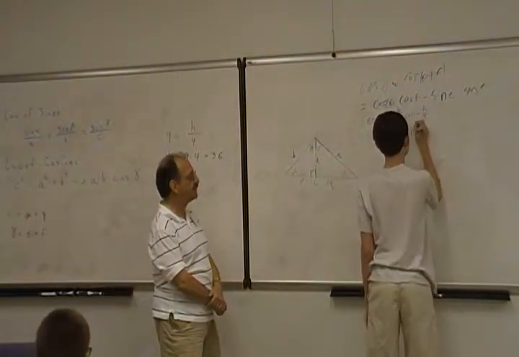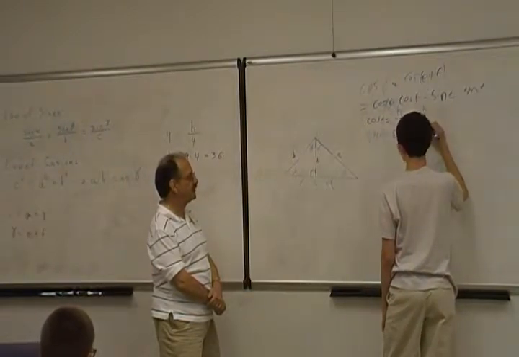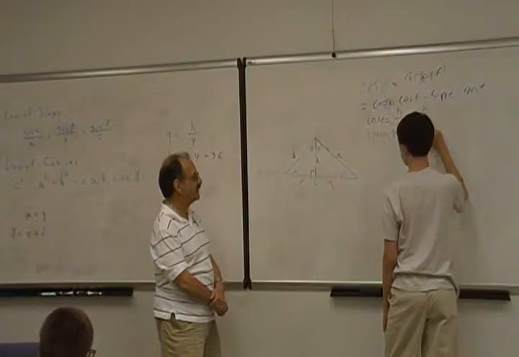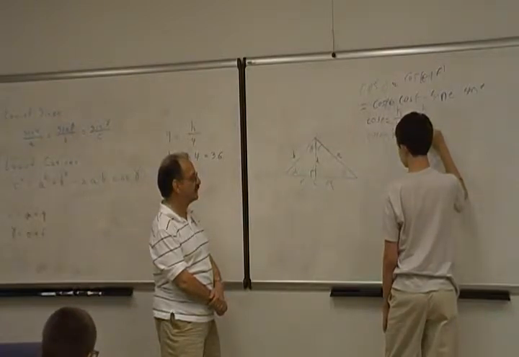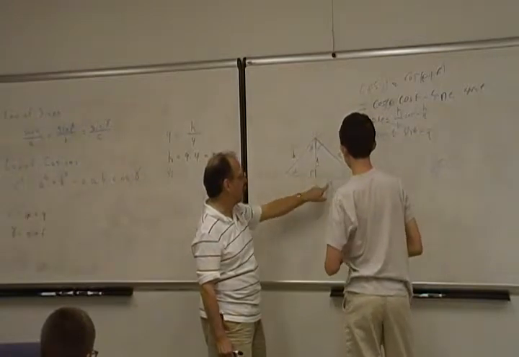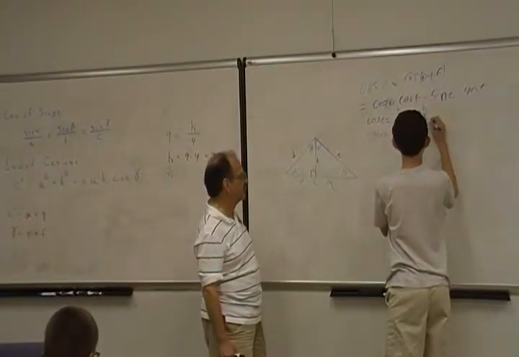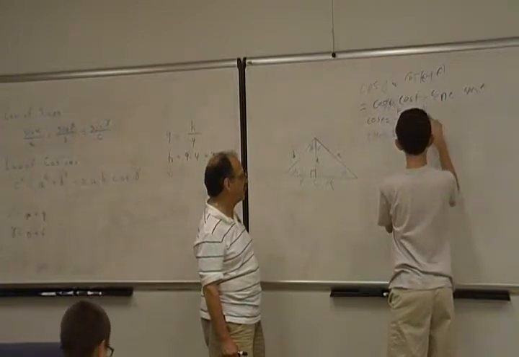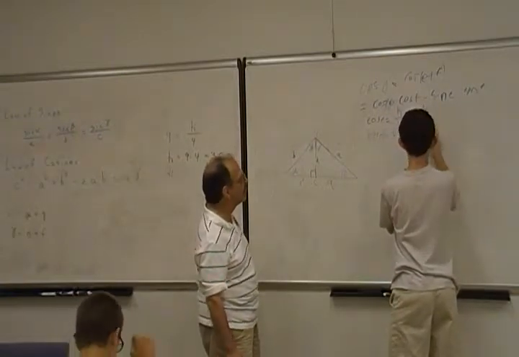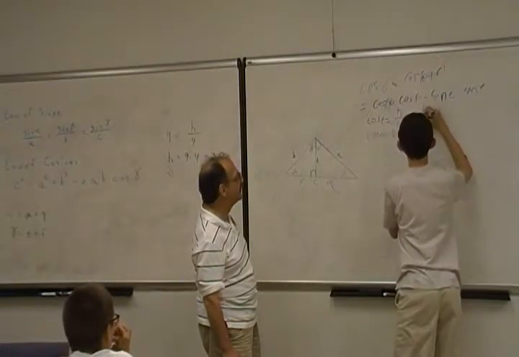The sine of F. You can see where we're going here. Sine of F. Opposite over hypotenuse. Which one's the Q? I'm having trouble telling Q's from A's.